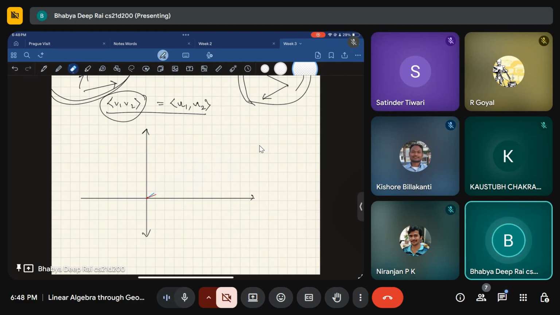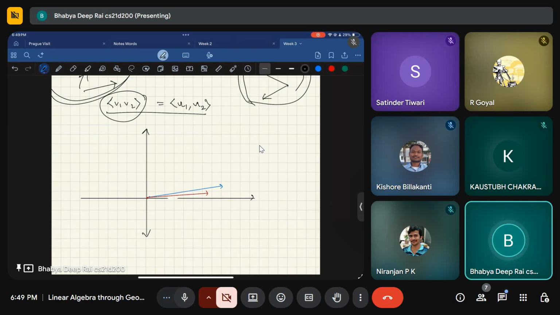Okay, and you project this guy here, and you project this guy here. They are very close to each other.